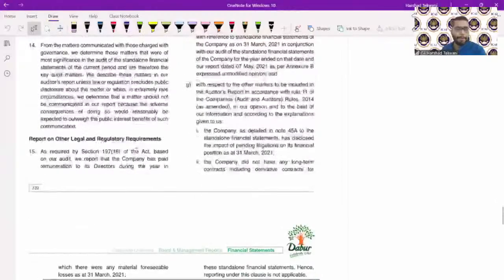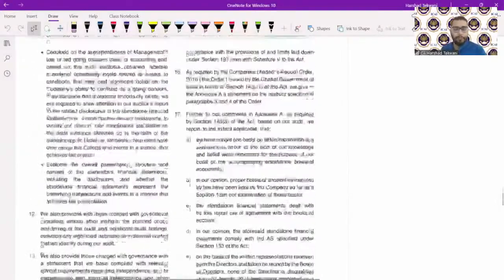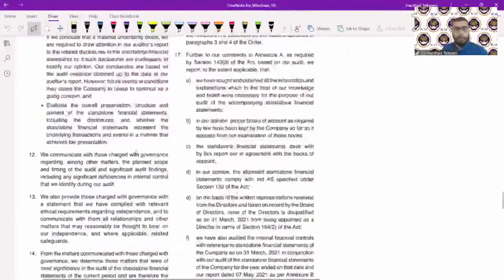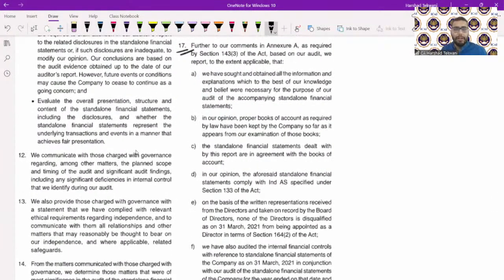From here, point number 17, if you see, talks about: further to our comments in Annexure A, as required by Section 143 of the Act, based on our audit, we report to the extent applicable. So, as per Section 143(3), there are certain additional items that you are required to report. What are these additional items?